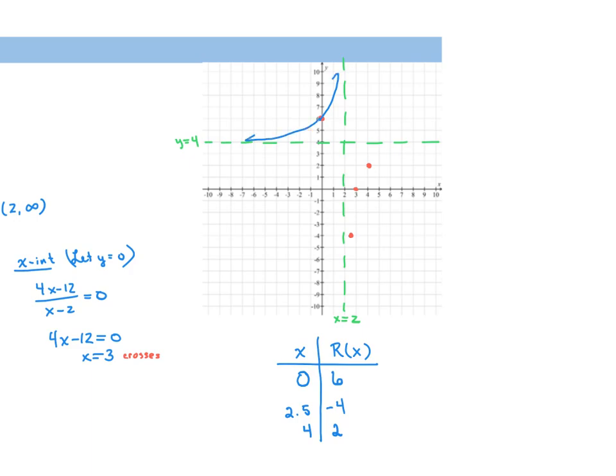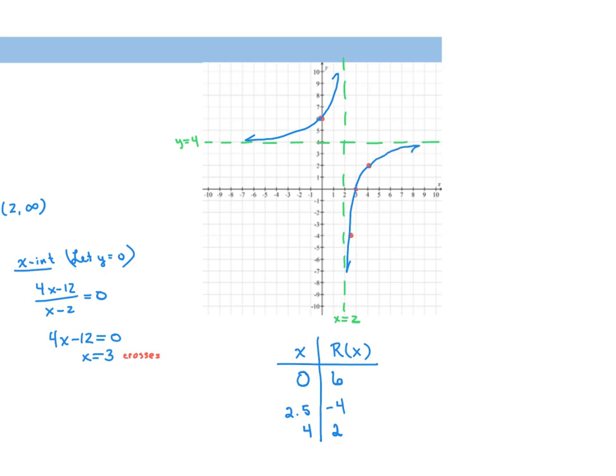Now, if we look at this point, I know I'm going to have to approach my vertical asymptote, and then I'm going to have to approach the x-intercept. Now remember that we're crossing our x-intercept because of the multiplicity, and then as I pass through this point, I'm going to have to approach my horizontal asymptote.